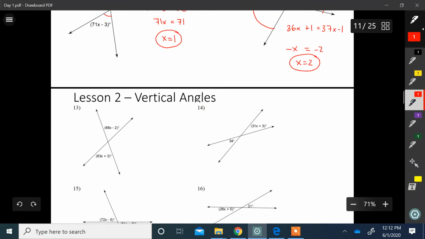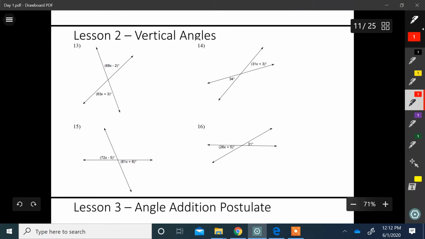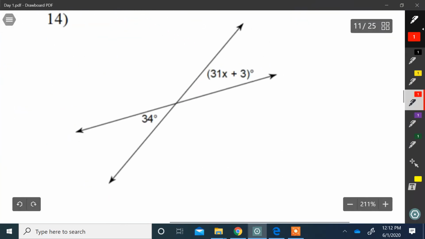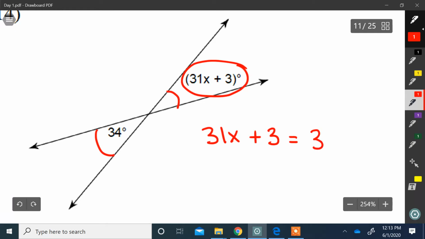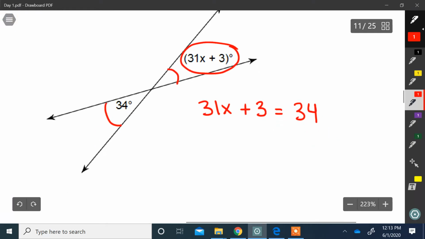All right, let's do a couple more relating to that. Well, not that many. Let me do this one here. We know that this angle, because they're vertical angles, is congruent to that. That means that this 31x plus 3 is equal to 34. Bring that 3 over to the other side.